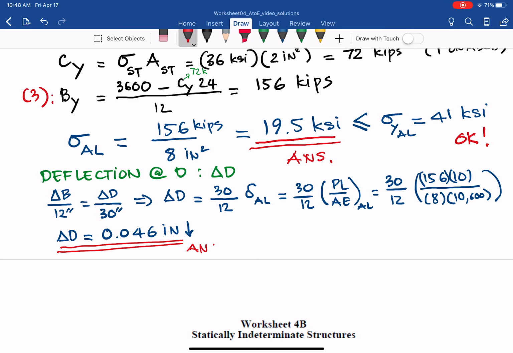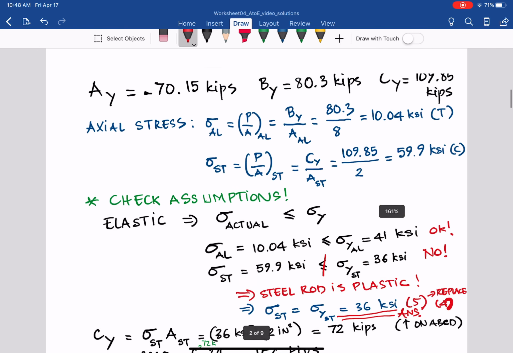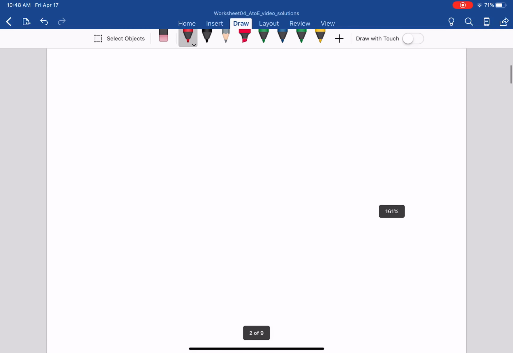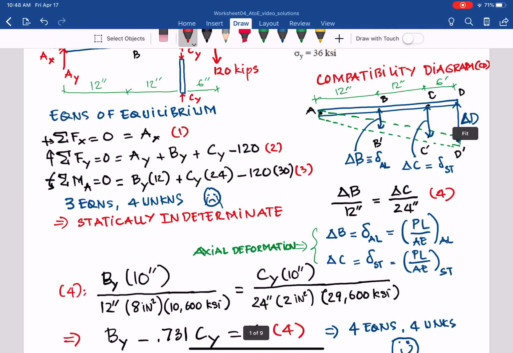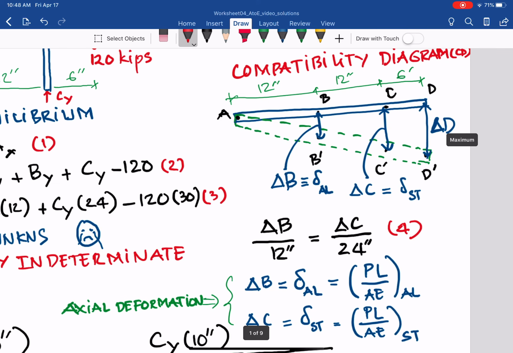Now the final thing we want to emphasize on this problem: can we use the similar triangles in the compatibility diagram that appears here? Instead of using AB, B apostrophe, and AD, D apostrophe, can I use AC, C apostrophe, and AD, D apostrophe?